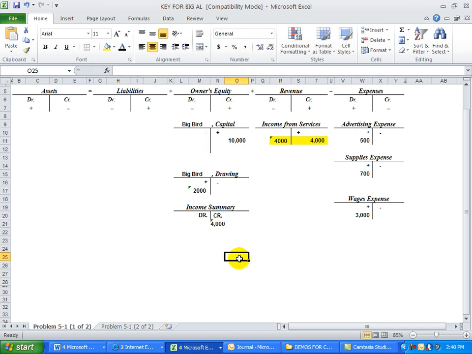Then if we do the second entry, we would go to income summary and we would debit it for $4,200, which is the amount of our expenses, and then we would go to each expense and we would credit them. And in doing so, the accounts go down to 0. And that's exactly what you want.